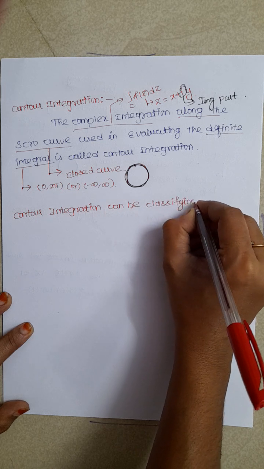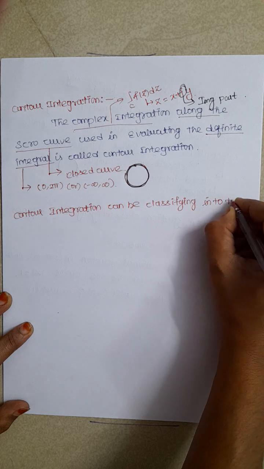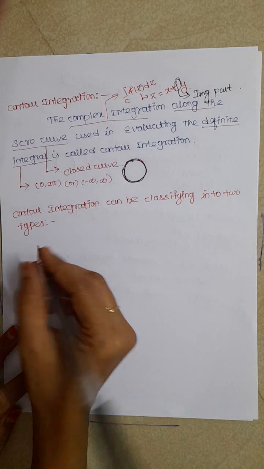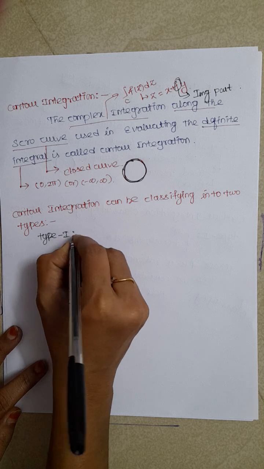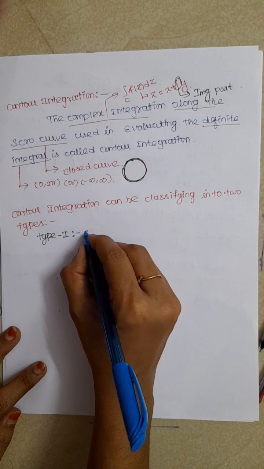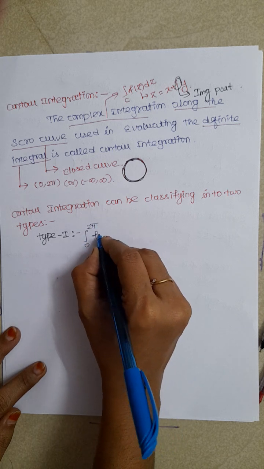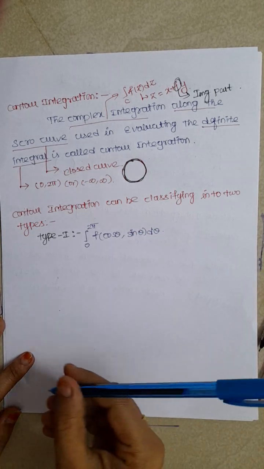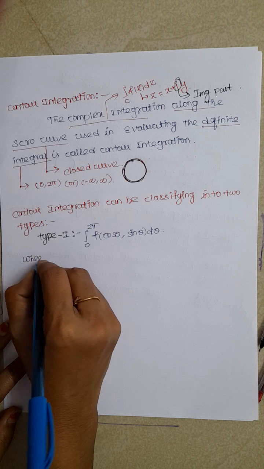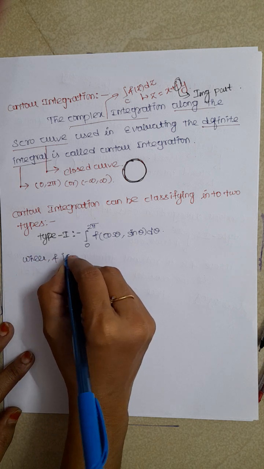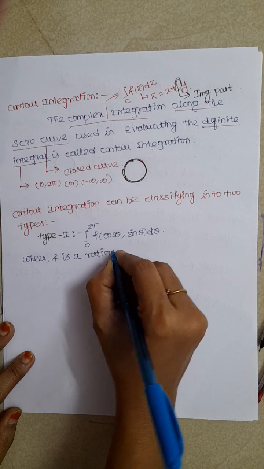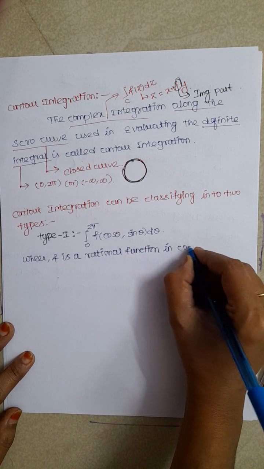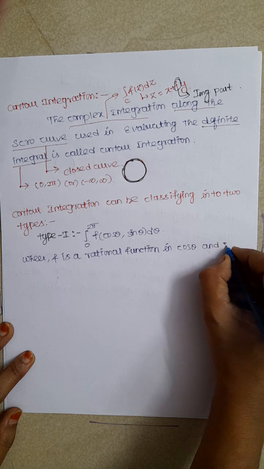Type 1: integral over 0 to 2 pi of f of cos theta, sin theta d theta, where f is a rational function in cos theta and sin theta.